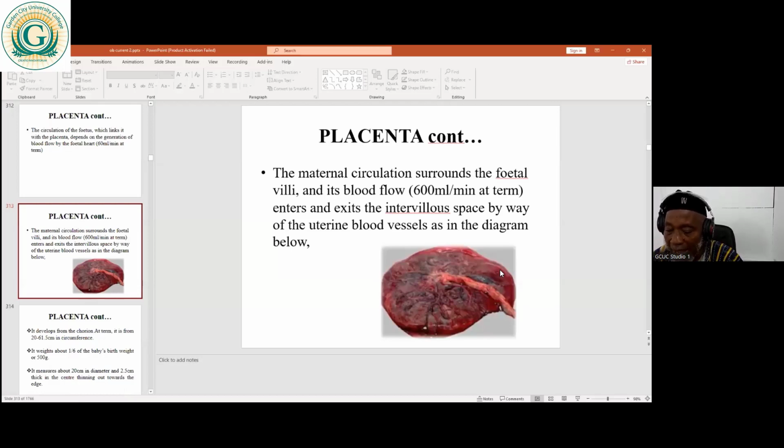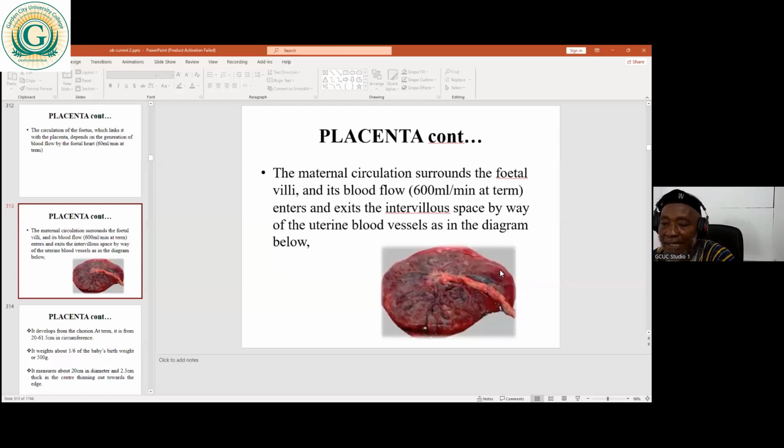Wherever you see the cord, that is the area facing the baby. Wherever you don't see the cord, that is the area facing the mother. So the non-cord area we call the maternal surface. The cord area is the fetal surface.